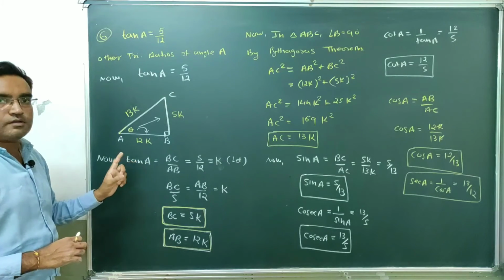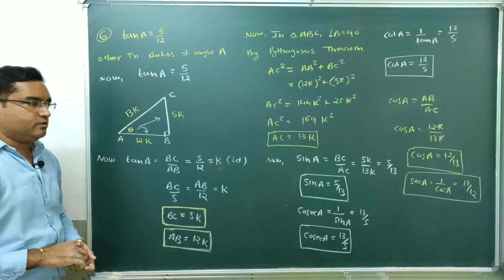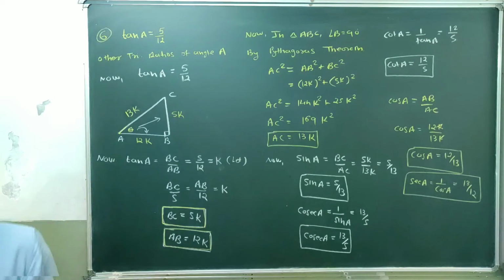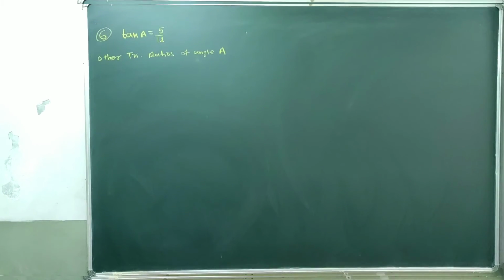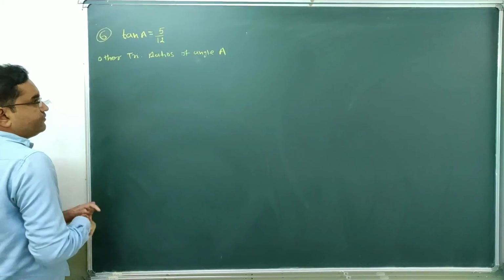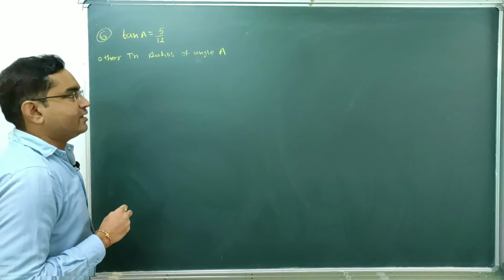Now we can solve this same sum by using identities. Done? So now pause this video and note it down. Okay students, now try to solve this question by using identities. Tan A is given and we have to find all the remaining trigonometric ratios.